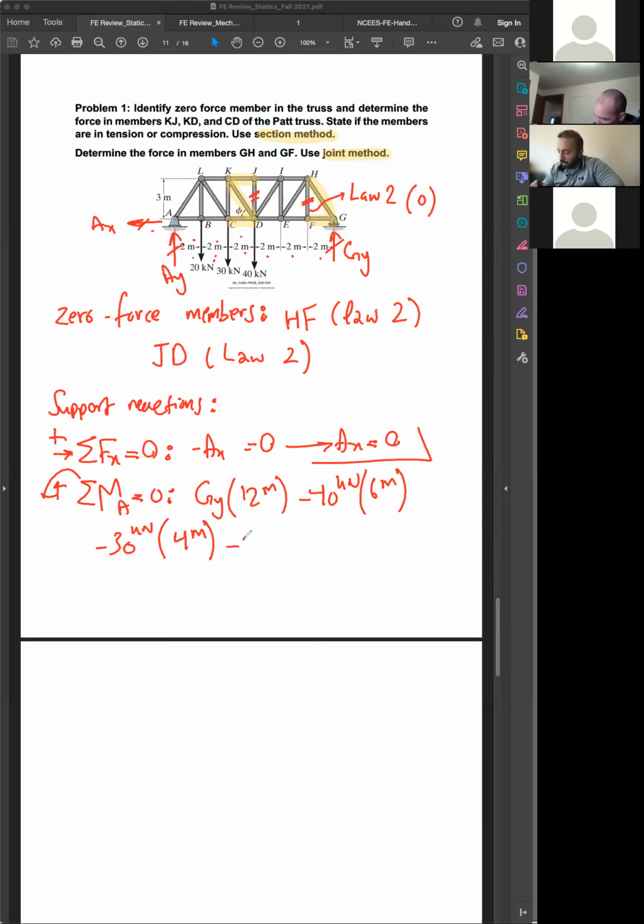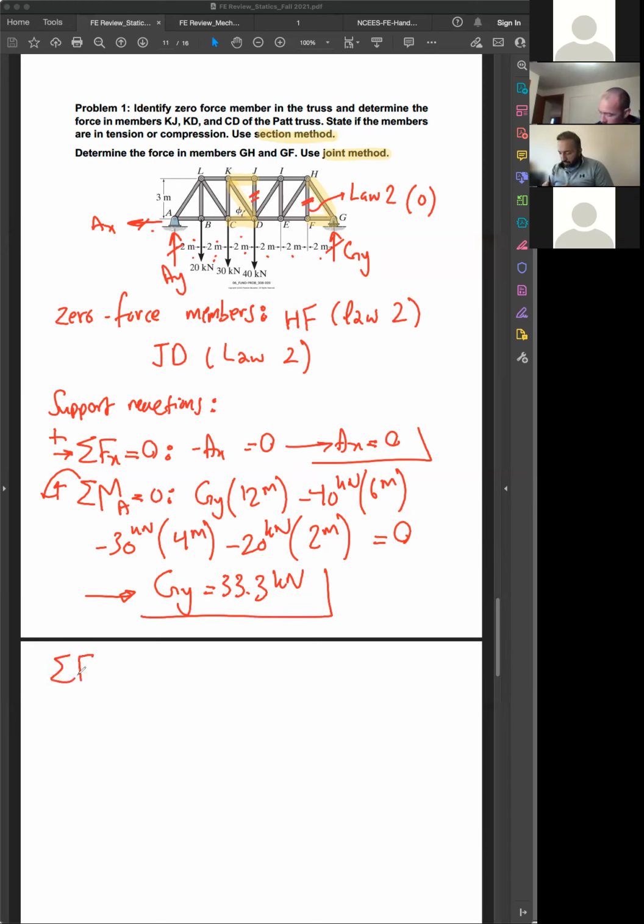And then we have the 20 with a 2 meter arm. Nothing else, equal to 0. From this, GY would be 20 times 2 plus 30 times 4 plus 40 times 6, over 12, which is 33.3 kilonewtons.